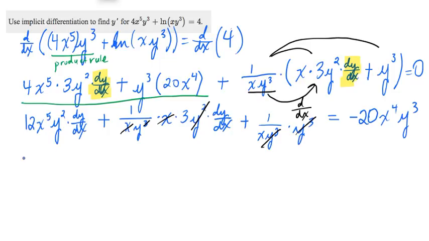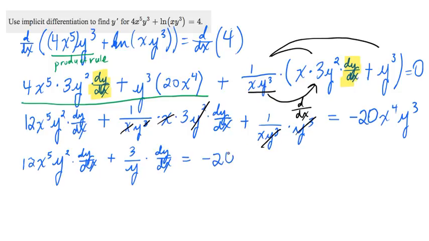So cleaning this up, we have 12x to the 5th y squared times dy/dx, plus 3 over y times this dy/dx. This last term has no dy/dx; all that's left is 1 over x. So we're going to subtract 1 over x from both sides and put it over on the right.